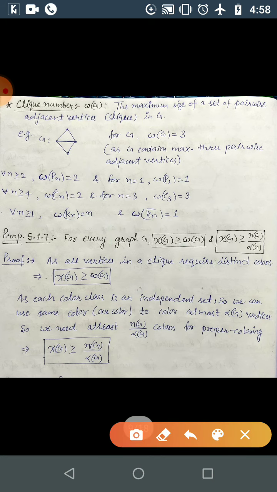Now we can have this proposition. For every graph G, the chromatic number of G is greater than or equal to the clique number, and the chromatic number of G is greater than or equal to the order divided by the independence number.